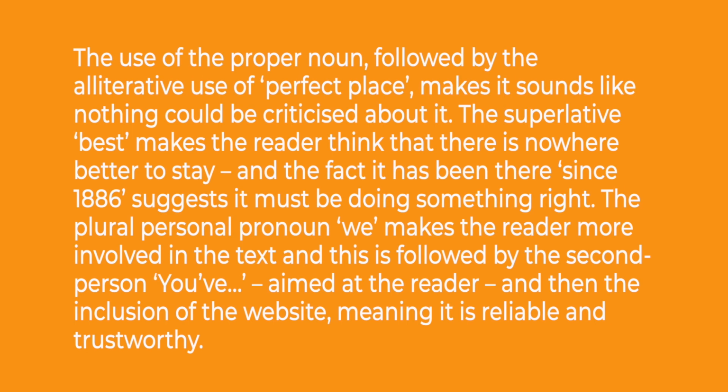Okay, so the use of the proper noun here, followed by the alliterative use of perfect place, makes it sound like nothing could be criticised about it. The superlative best makes the reader think that there is nowhere better to stay, and the fact it's been there since 1886 suggests it must be doing something right.